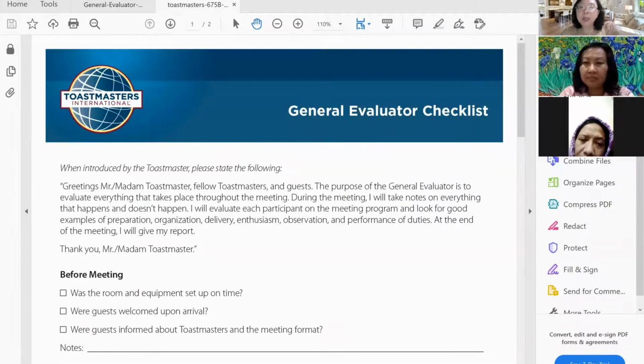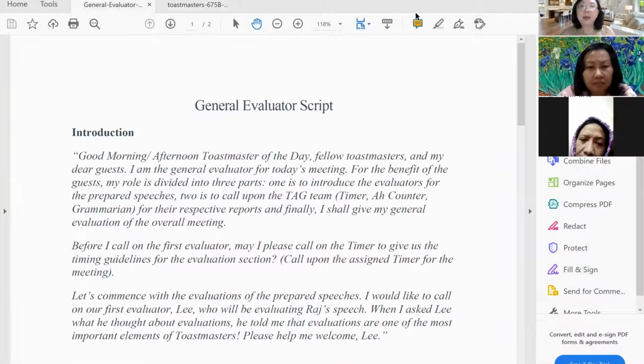And then I would like to share with you the general evaluator script. For you, especially if it's your first time, not to worry about what to say, because here we provide the general evaluator script and you can learn from it. So: good morning, afternoon, Toastmaster of the day, fellow Toastmasters, and my dear guests.